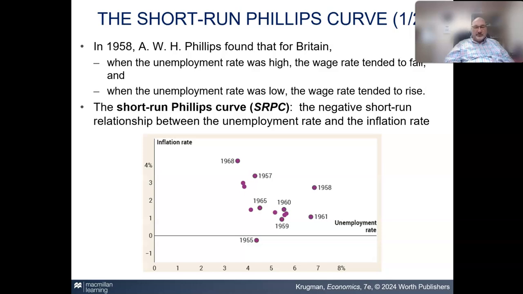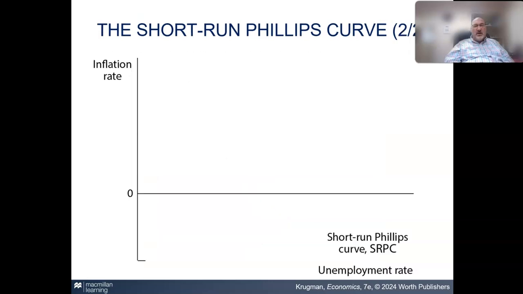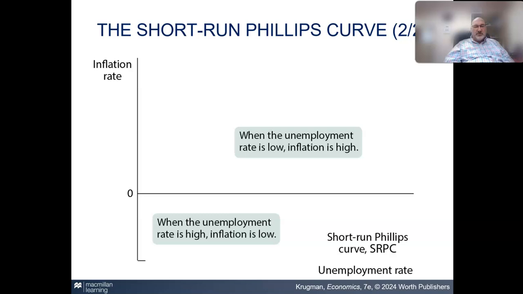This has only ever really held in the short run. In the long run, it disappears. So when the unemployment rate's low, inflation's high, and when the unemployment rate's high, inflation is low. So basically, we get a line that looks like that. And that's what the relationship between unemployment and inflation looks like.